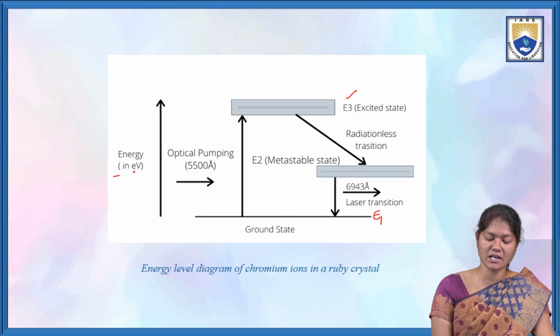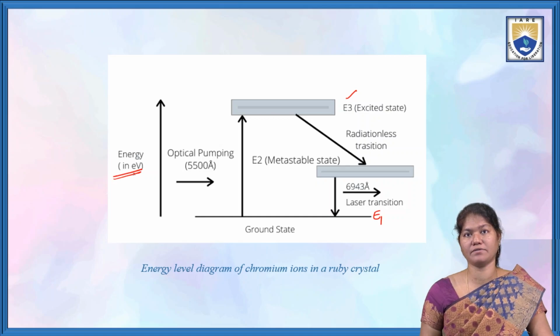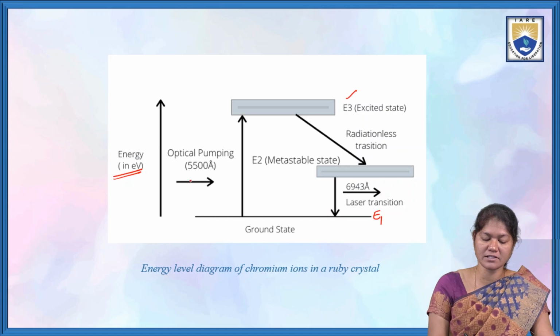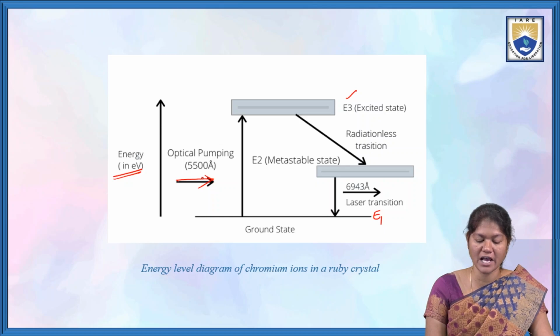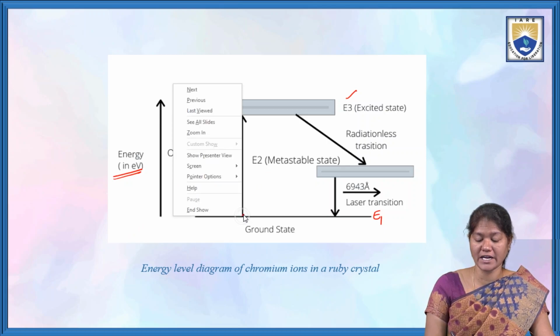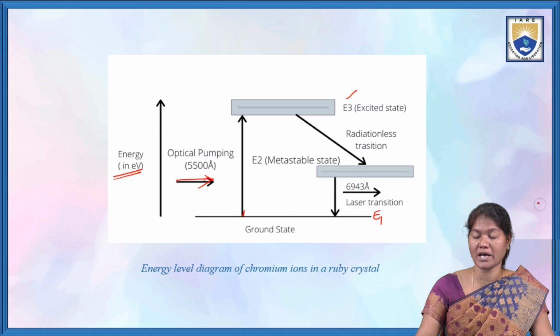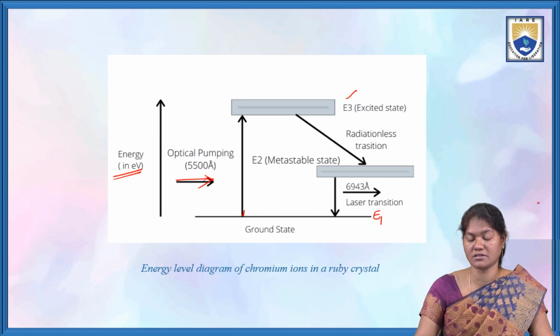So we are giving some energy in electron volts. Then the pumping mechanism takes place with 5500 angstroms. The chromium ions get excited, as the chromium ions are the activators.